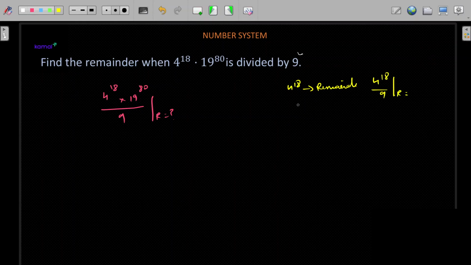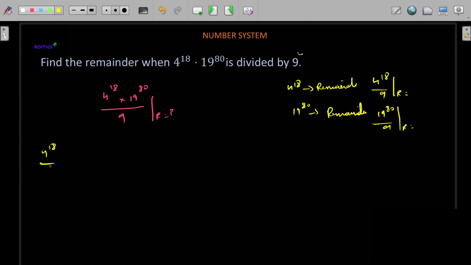And the same thing happens for 19 power 80 also. I will replace this number by its remainder, which is 19 power 80 by 9. Just my remainder. Yes or no? So first we'll find the remainders individually.